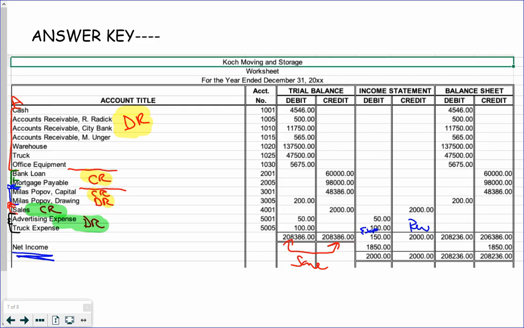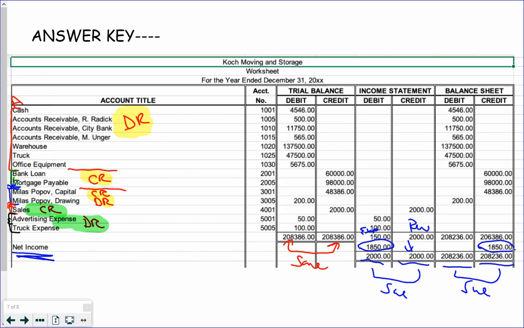To make these two columns equal to each other, we're going to debit 1,850, and now I've got 2,000 equaling 2,000. If I've debited 1,850 here, then I have to credit 1,850 there because every transaction has to have a debit and a credit. So now if I add up these two, this number and this number will now be the same. So everything now has the same.